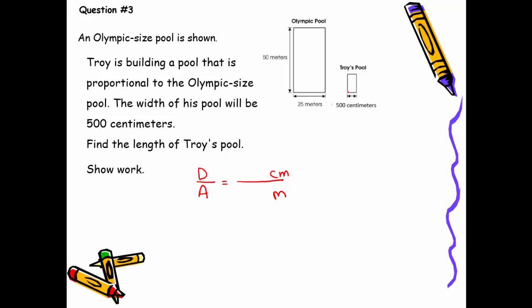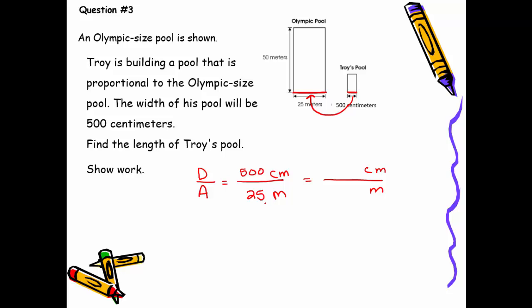So I focus in and I say, what do I know about? What parts correspond? Oh, I know 500 centimeters corresponds to 25 meters. So I literally fill in 500 centimeters is 25 meters. Then I break it down and I try to find out per one.